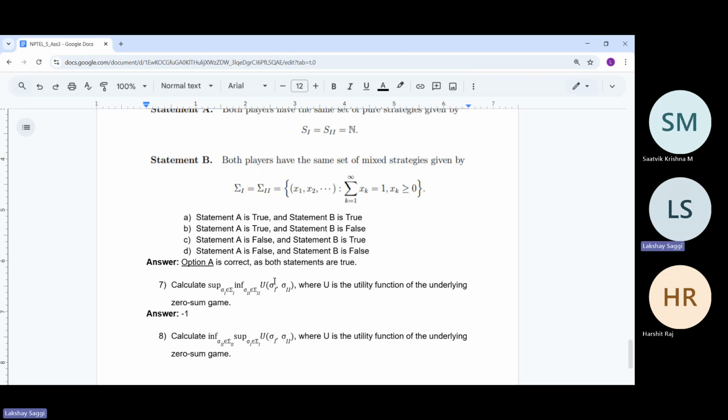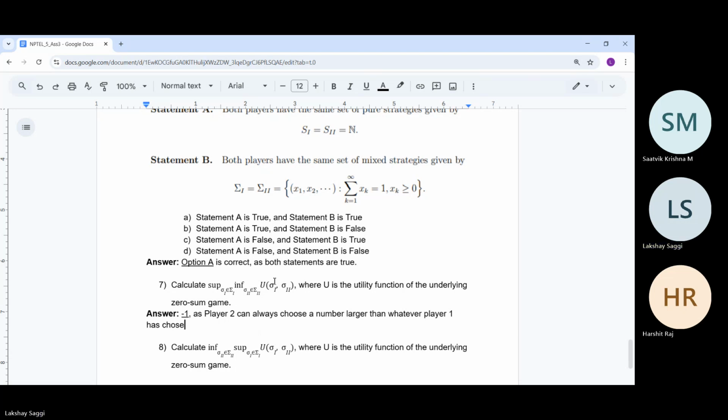So -1 is the answer here, as player two can always choose a number larger than whatever player one has chosen.